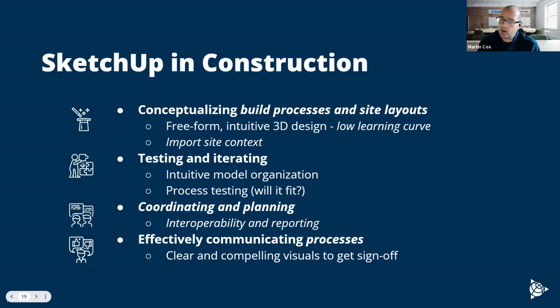So, conceptualizing the build processes and site layouts, actually setting that up at the beginning and saying, well, some sites have limited space, and we have one quite large construction company in the UK, and they use SketchUp to show, okay, this is where generators are going to be, this is where the porter cabins are going to be, this is where the portaloos are going to be, because people want to know this and understand if they're going to lose parking spaces and things like that.